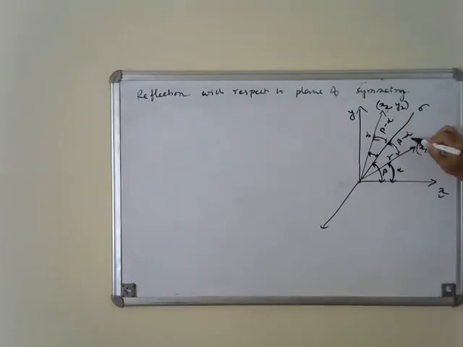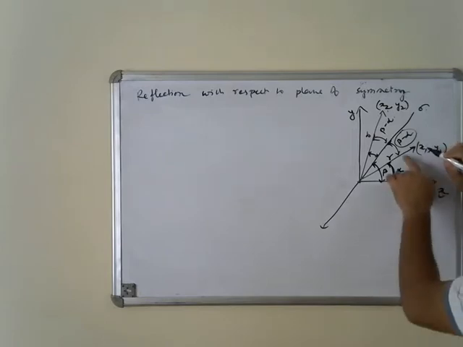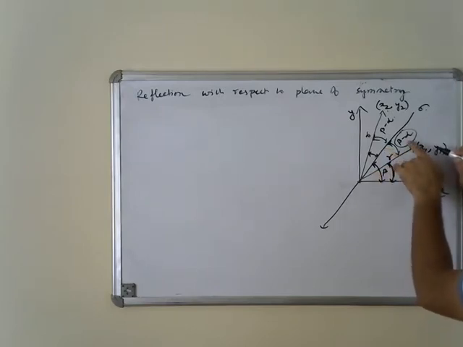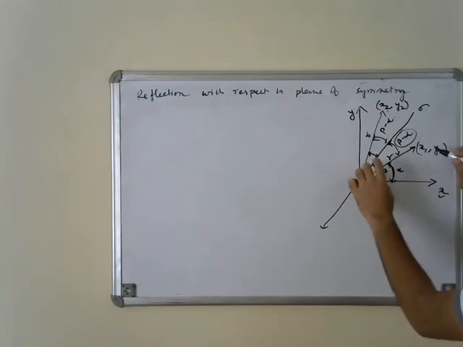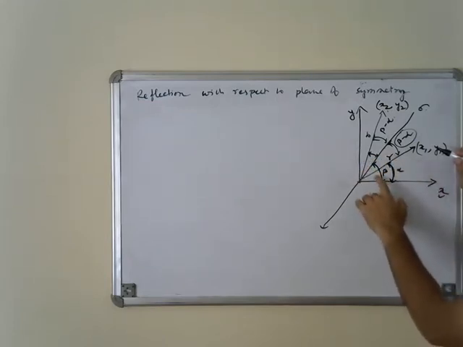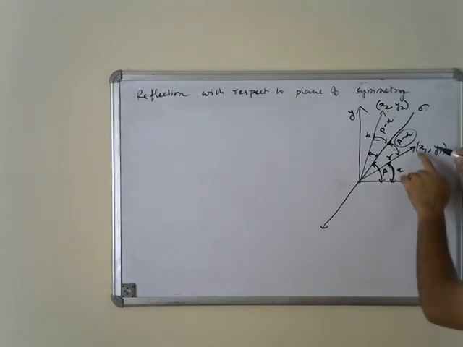So if this particular angle between the initial vector and the plane of symmetry is equal to beta minus alpha, we have found, because we have assumed that the angle between the x-axis and the plane of symmetry is equal to beta, and the angle between the initial vector and the x-axis is equal to alpha.